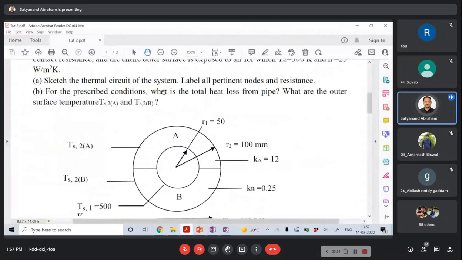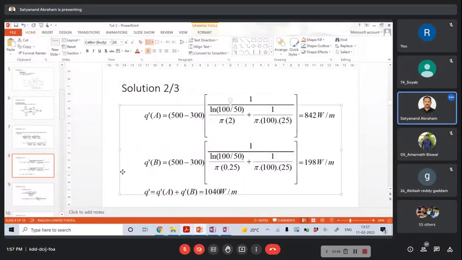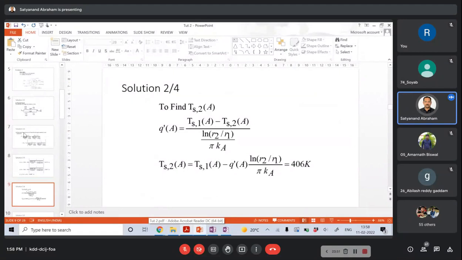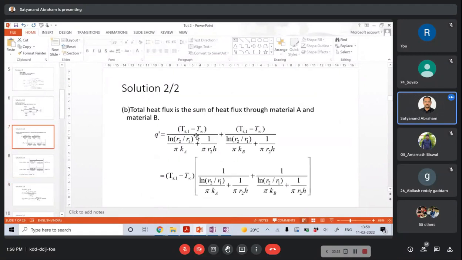The thermal circuit is the first question, and the second part was what is the total heat, and what are the outer surface temperatures. So once we get the A and B, then you can put it into the equation here itself. So instead of going from TS1 to T infinity, you can say TS1 to TS2A.